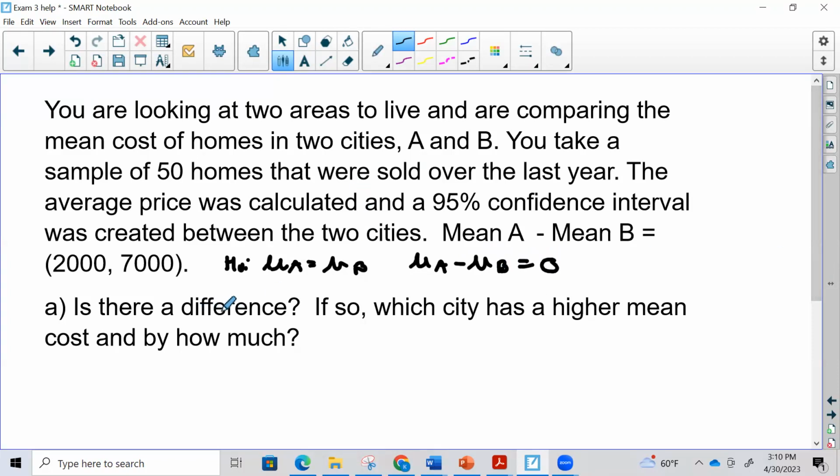And then the alternative, and we don't have a specific one, we're assuming that there is a difference somehow. They didn't really say if it's greater than or less than. So in this case, we're assuming that there is a difference. The alternative would be that mu A doesn't equal mu B, or mu A minus mu B does not equal 0.